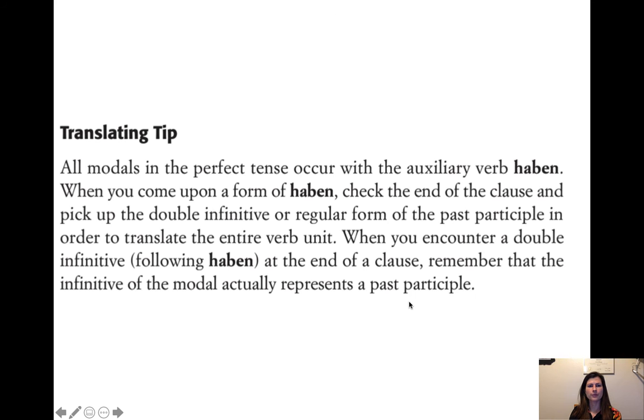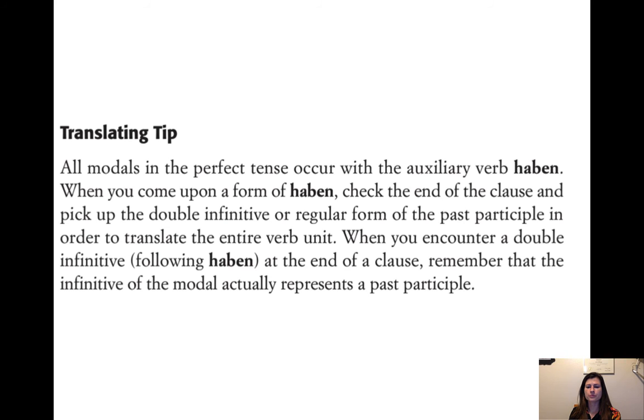Okay, so all modals in the perfect tense occur with the auxiliary verb haben. Remember how in the perfect, sometimes you say sein and sometimes you say haben, like ich bin gegangen, I went, I am gone, versus ich habe gekocht, I have cooked, right?